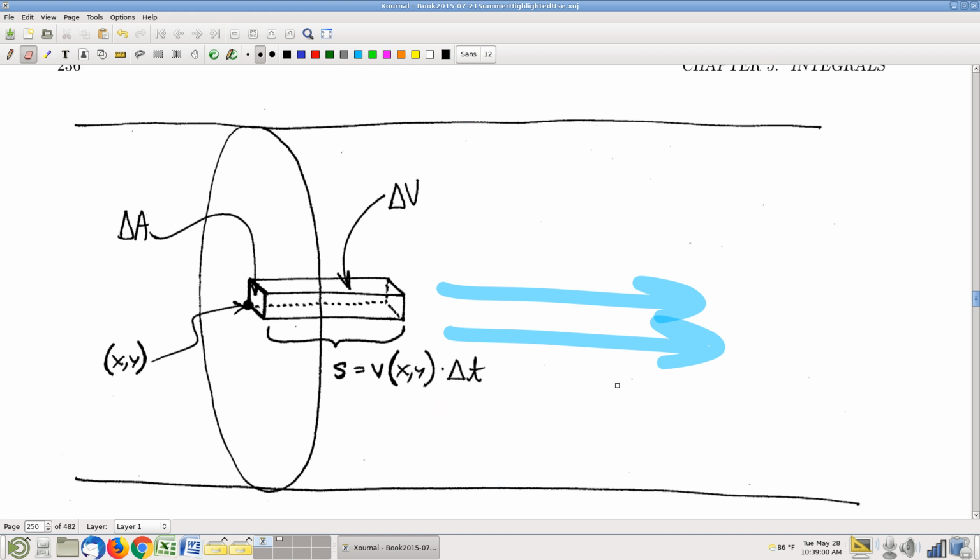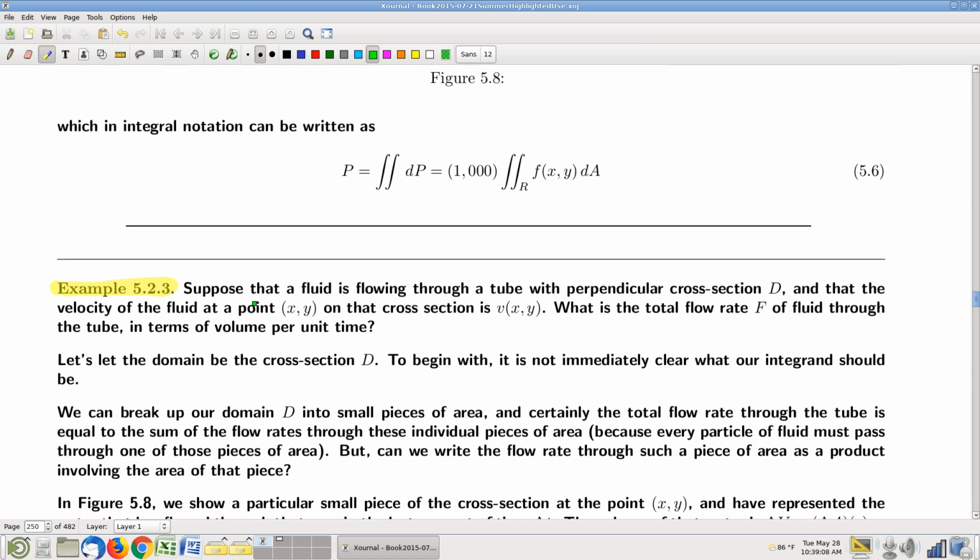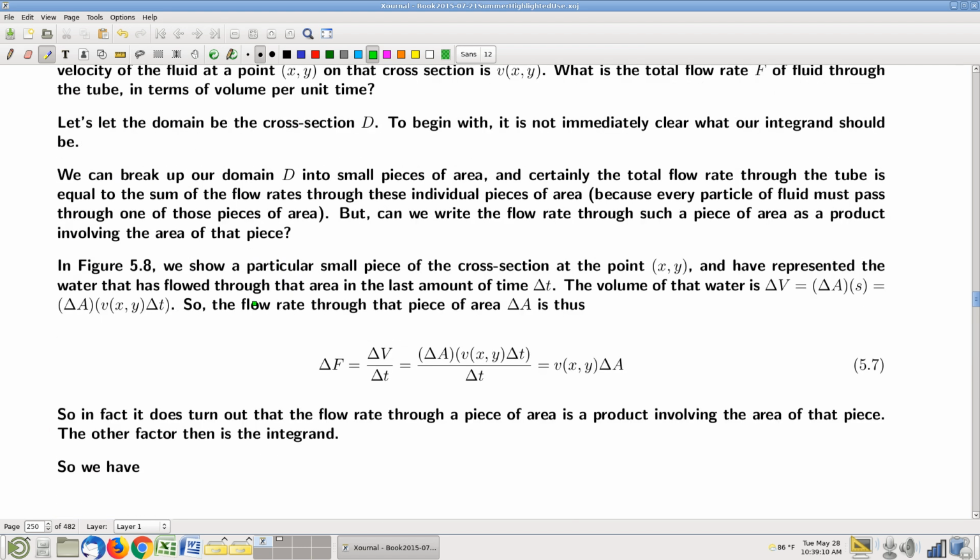Okay, so we're going to look at each individual piece. We'll start off by looking at this little piece of area right there. On that little piece of area, let's ask how much flow rate is there. What's the total volume per unit time flowing through that little rectangle? Volume per unit time.